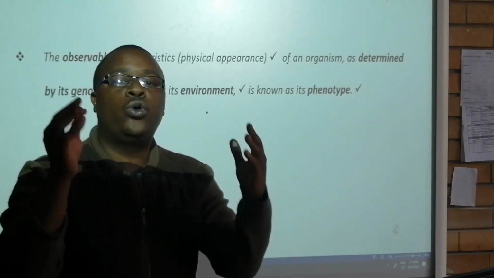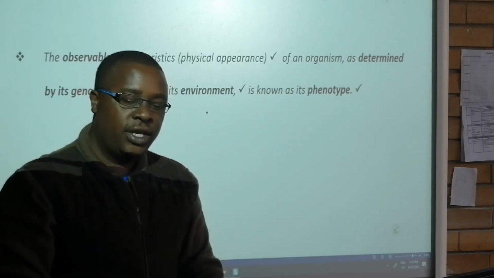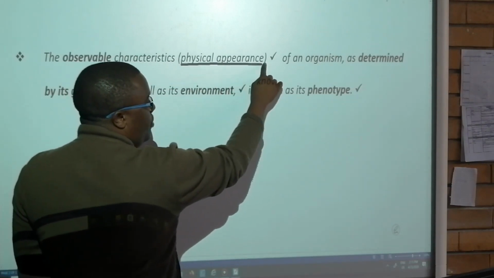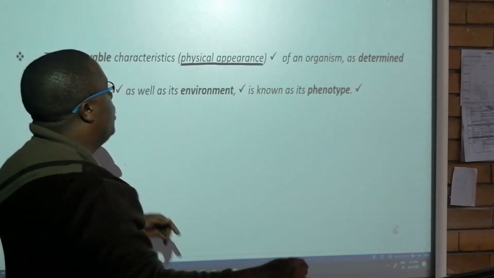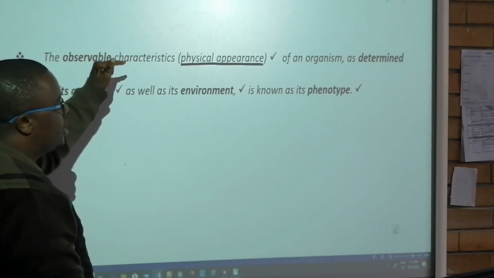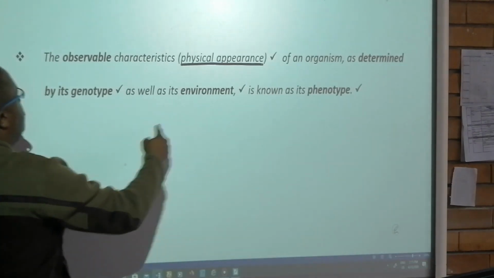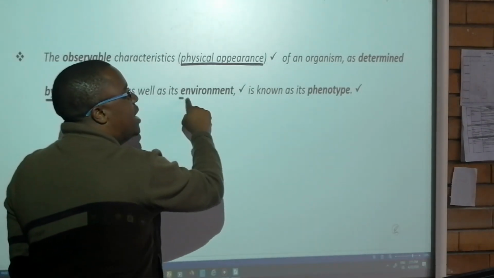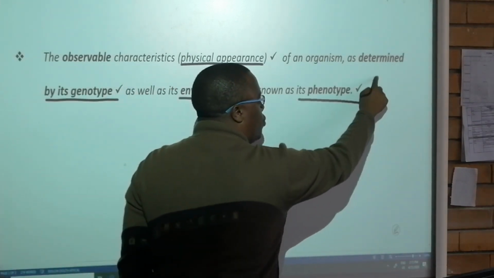We said it is a tall pea plant because we could observe its physical appearance. The observable characteristics, the physical appearance of an organism, determined by its genotype plus its environment, is known as the phenotype.